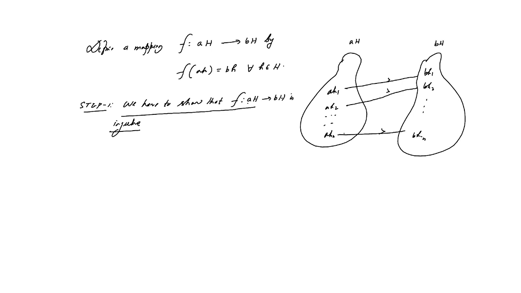Let us take two distinct elements, say ah1 and ah2, where ah1 and ah2 are both elements of aH. We have just taken the distinct elements.